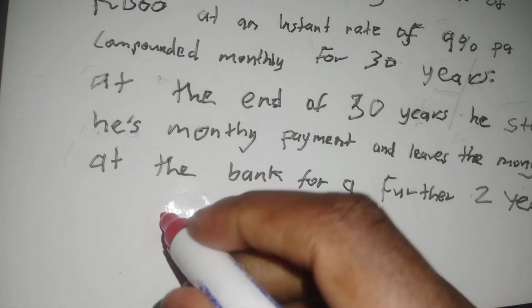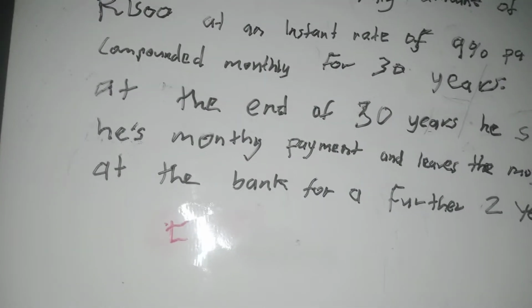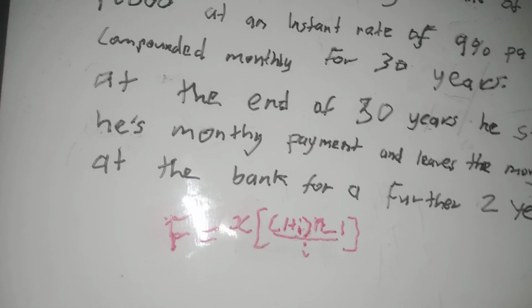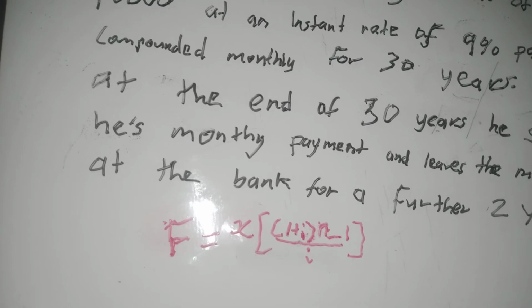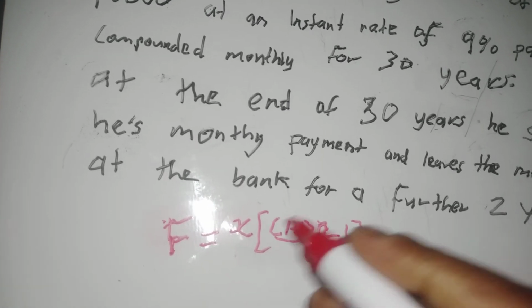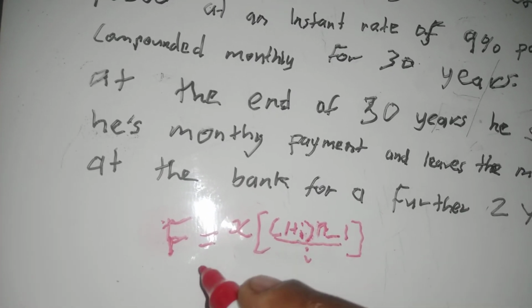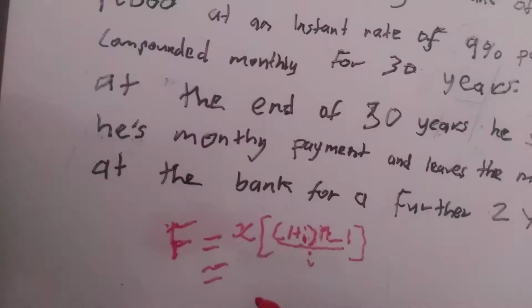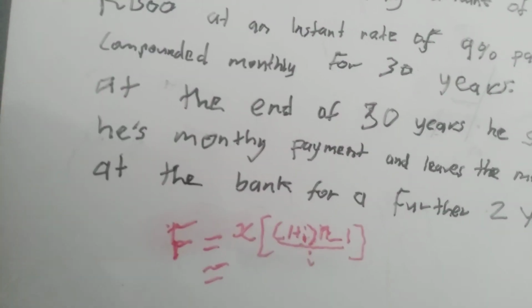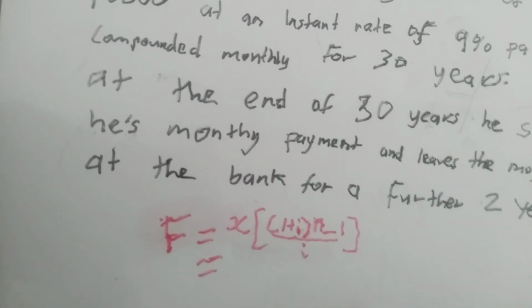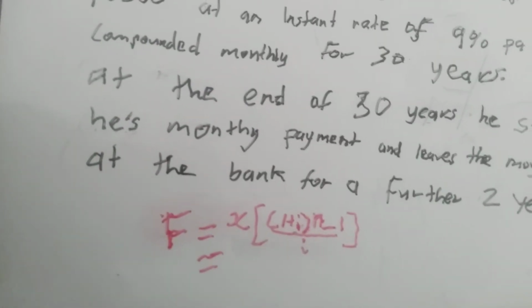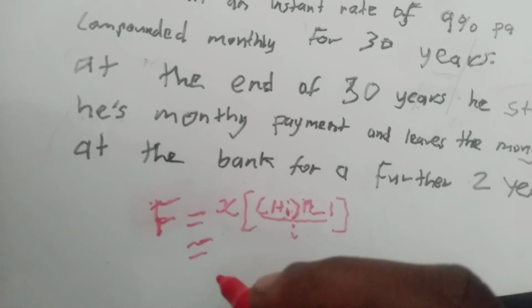Since the person was paying every month, okay, let me just substitute this one. I'm not really solving it. What we'll solve is this one. Basically we're first dealing with the 1 year 6 months.